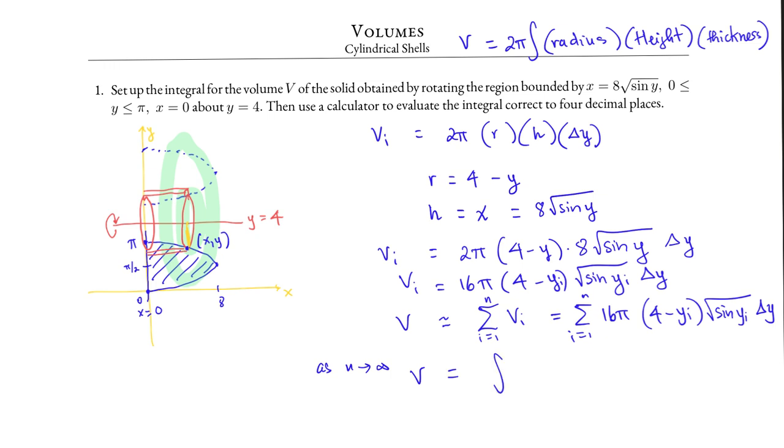The Riemann sum turns into the integral of 16 pi times 4 minus y, where we drop the subscript i, times the square root of sine of y, and delta y is now dy. The lower and upper limits of integration are obtained by looking at the limits where we added the shells. We added the shells from 0 to pi, so the lower limit of integration is 0 and the upper limit of integration is pi.